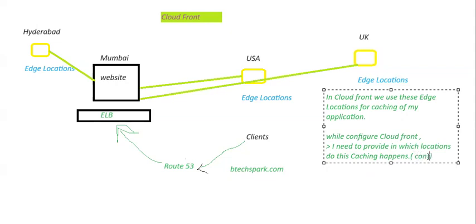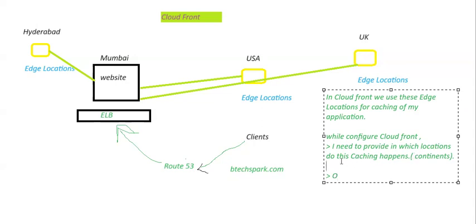I need to provide continents: in the edge locations of which continents my caching is required. Yes. And we also need to provide the origin. While configuring CloudFront, we need to provide in which continents the caching needs to happen.